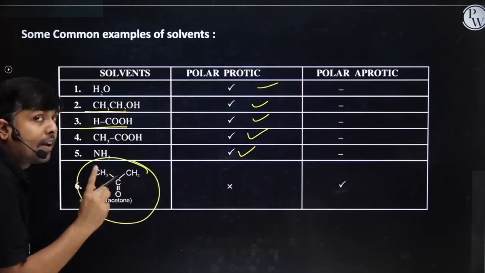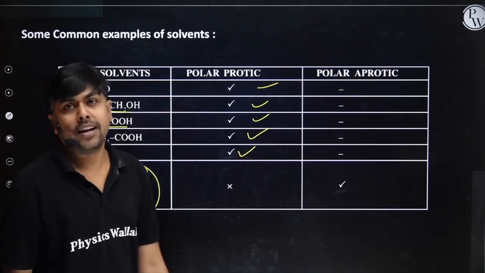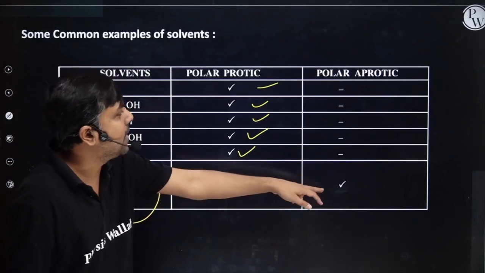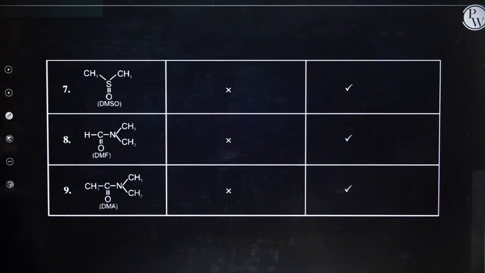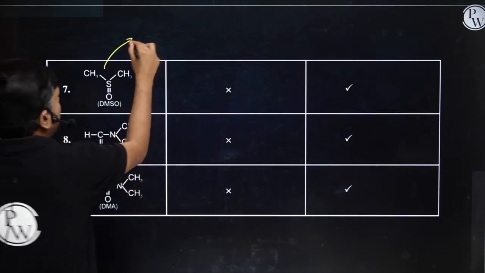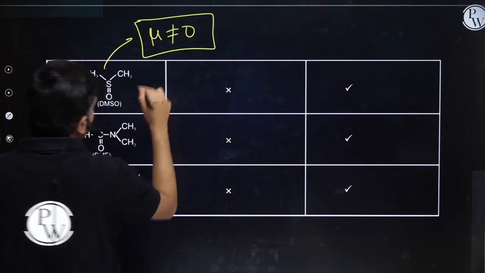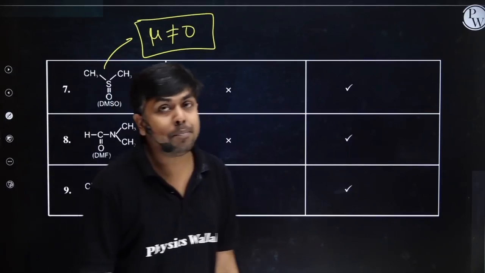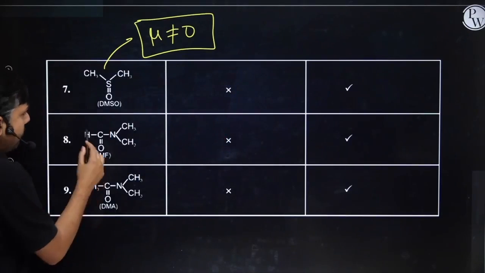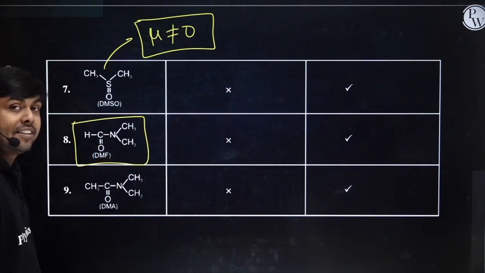Acetone, polar aprotic. Mu is not equal to 0, but here we don't have any acidic hydrogen, so it's a polar aprotic solvent. Next one, DMSO, dimethyl sulfoxide. Mu not equal to 0, so it's a polar solvent, but we don't have any acidic hydrogen, so it's a polar aprotic solvent. The next one, DMF, dimethylformamide. Once again, we don't have any acidic hydrogen.